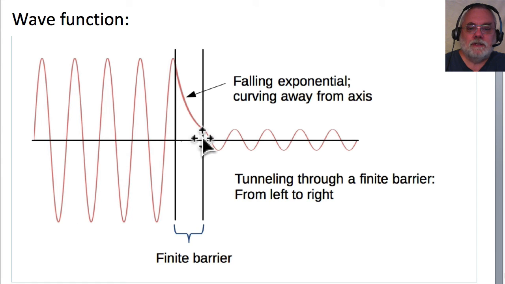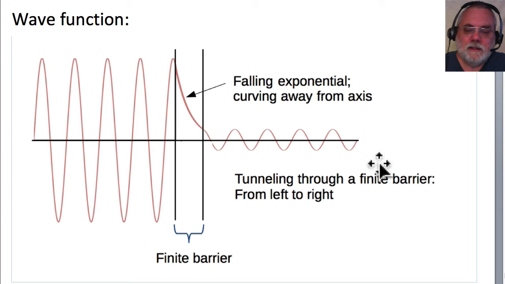But look, here's a solution where there's a little sine wave on the right, curving toward the axis, and this wave function is continuous. This sine wave matches up perfectly with this exponential, which then matches up perfectly with this little sine wave.